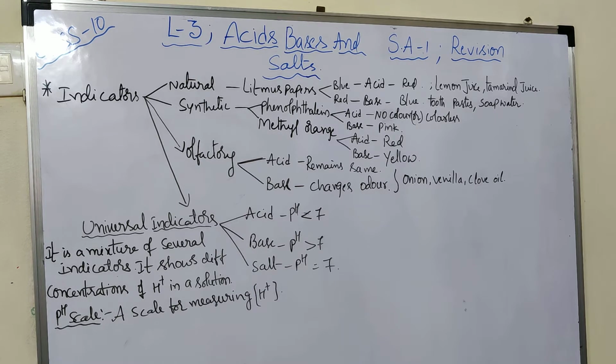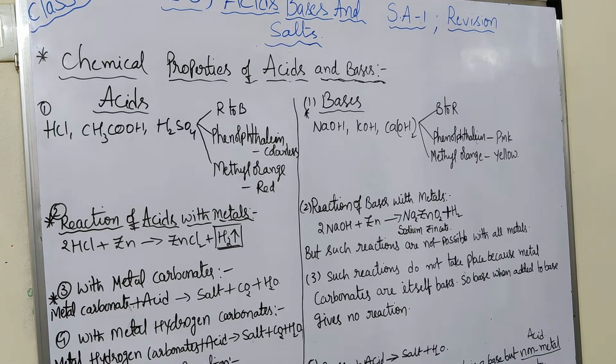Now we'll discuss the chemical properties of acids and bases. First, you take different kinds of acids like HCl, strong acid, weak acid, and test with the solutions of litmus paper, phenolphthalein solution, and methyl orange.